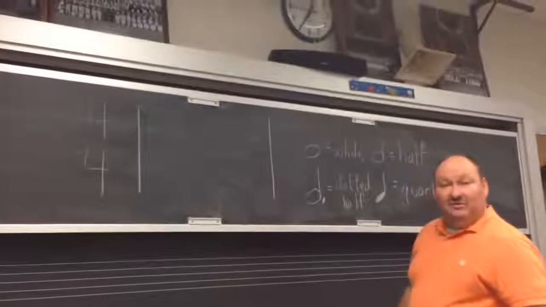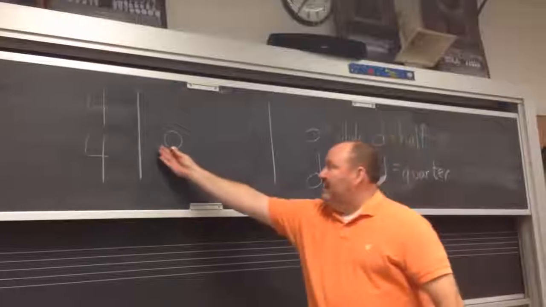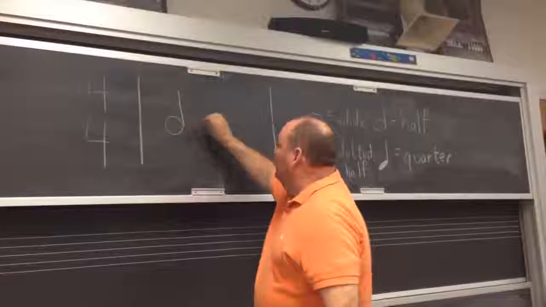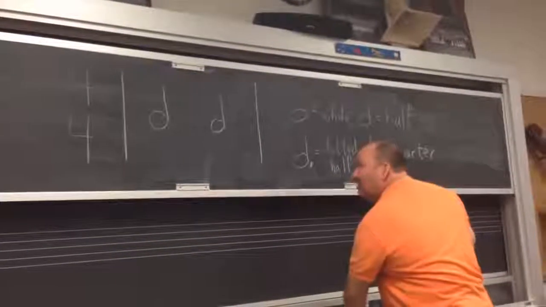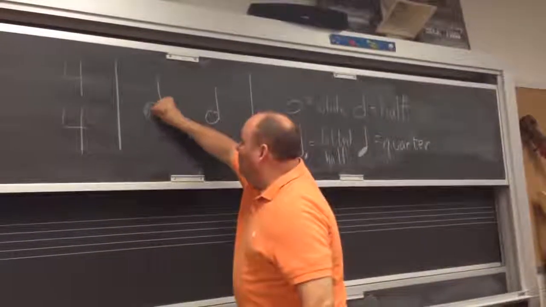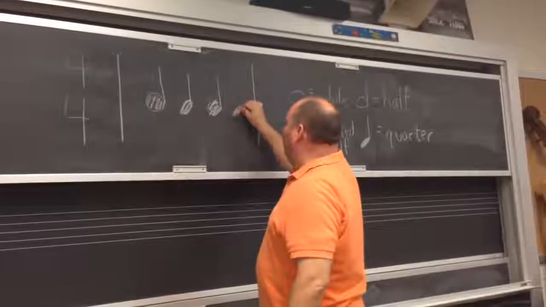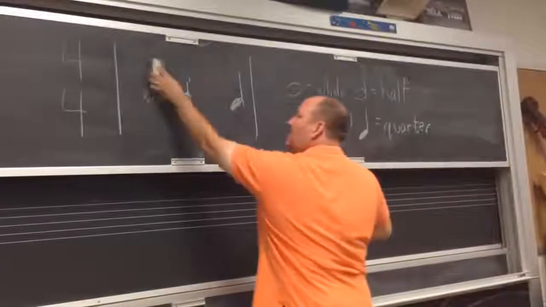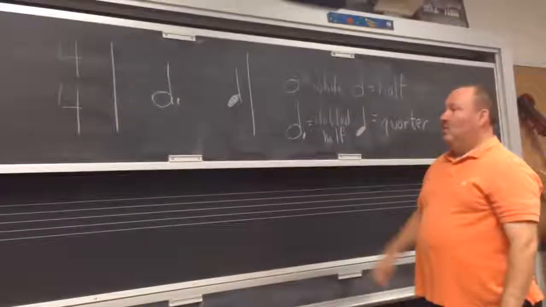So when I fill in my measure with notes, I could put a whole note here. That takes up all the time from bar line to bar line, or I could put in 2 halves, or I could put in 4/4, or I could use the note that signifies 3/4 of the measure along with the note that signifies 1/4.